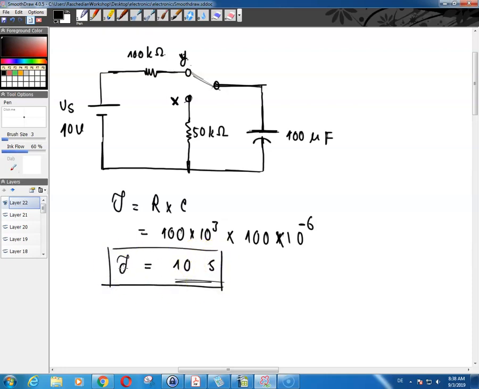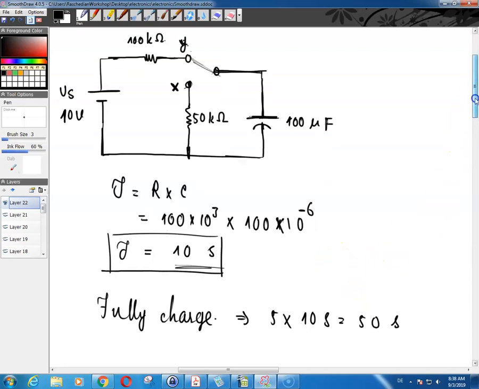Now, how long does it take to fully charge the capacitor? To fully charge, you need basically 5 time constants. So 5 time constants would be 5 times 10 seconds, which is equal to 50 seconds. 50 seconds approximately.